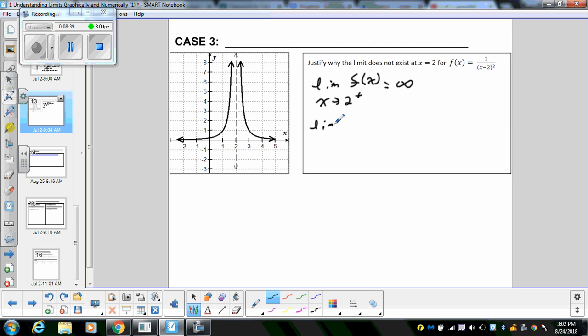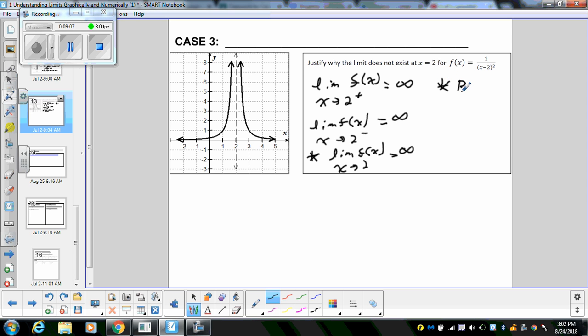And the limit of f of x as x approaches 2 from the left, you see it's also going towards infinity. So therefore, the limit of f of x as x approaches 2 must be infinity.